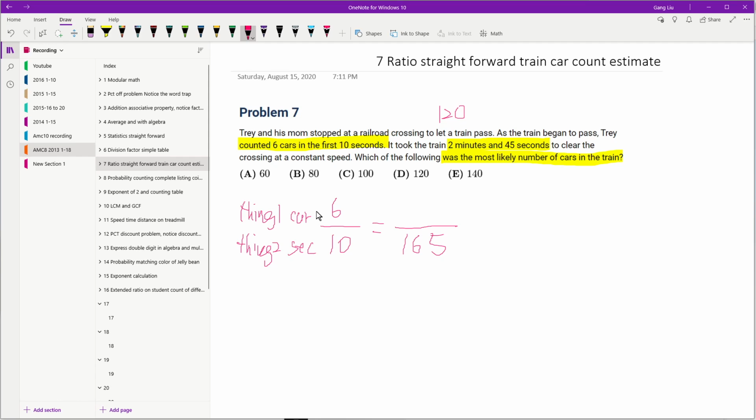So this is going to be x. So basically, x will be 6 multiplied by 165 divided by 10. That is 990 divided by 10 equals 99. So that's answer C.